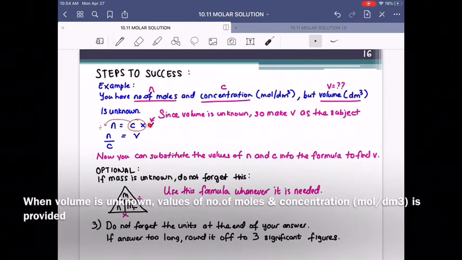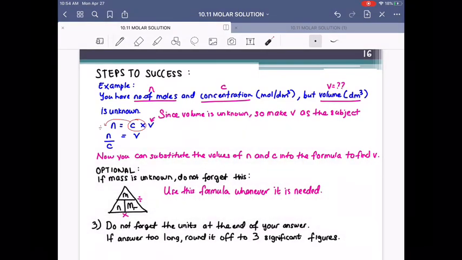Since you want the volume, you move the concentration to the other side, leaving the volume alone. So you get volume is equal to number of moles divided by concentration. So here now you can substitute the values of number of moles and concentration in the formula to find volume. Optional, if the mass is unknown, do not forget to use this triangle whenever needed.